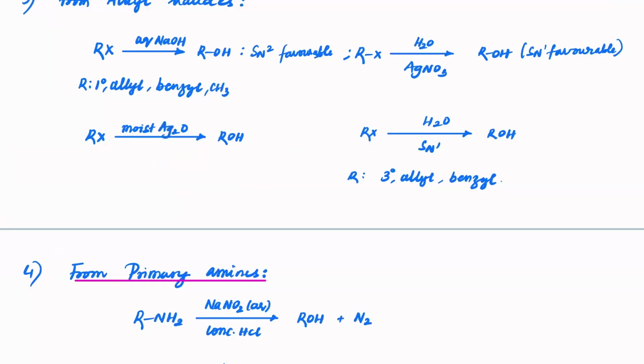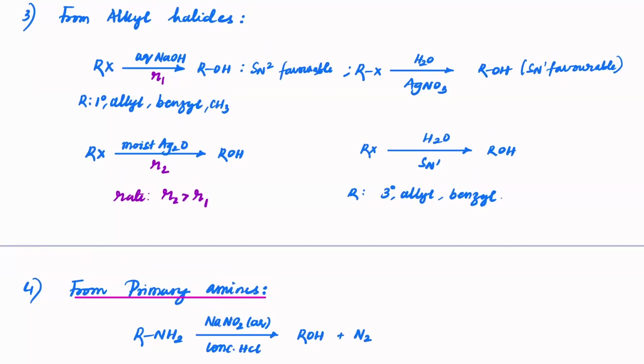So if in this case the rate is R1 and here the rate is R2, then R2 will be faster than R1. That's it. So whether it is SN1 or SN2, if you take silver salts, usually it will catalyze the reaction.